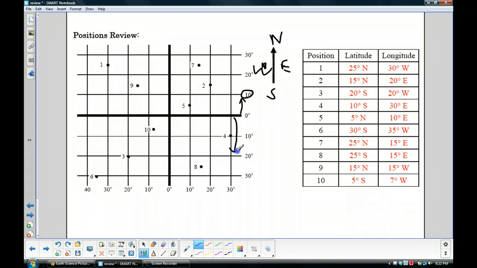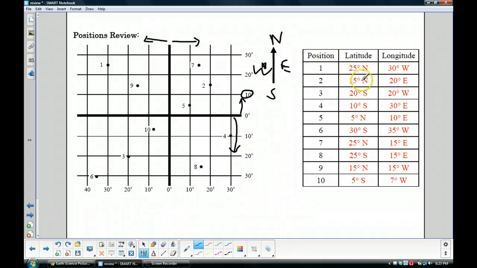Where am I in relationship to the 0 line that is parallel to that? I'm at 20 degrees south. If this is my 0 longitude line, and I'm right here on the number 5, I had to go to the east, so that would be my reference line, my prime meridian, and if I go this way, then I'm west.